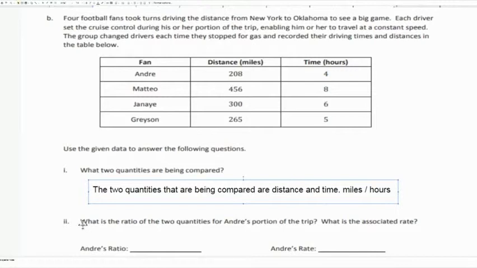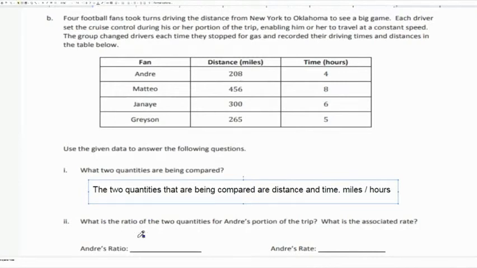All right, so now we're going to start breaking down each individual's portion. It says, what is the ratio of the 2 quantities for Andre's portion of the trip? What is the associated rate? So first we want to know what Andre's ratio is. Remember, the first thing we talked about is the distance, so distance comes first.